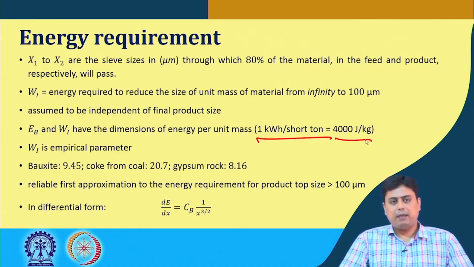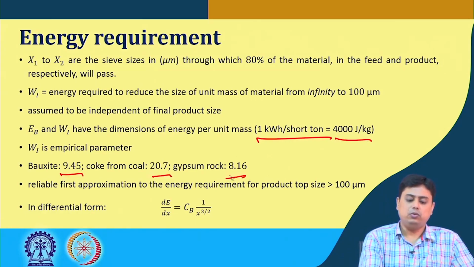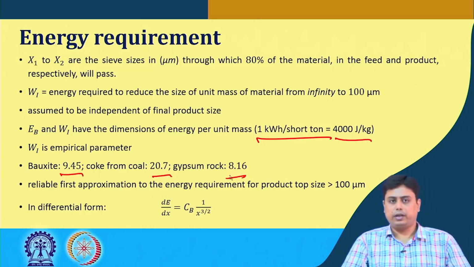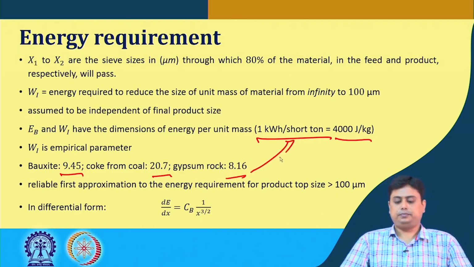The work index parameter has to be experimentally determined. For example, for bauxite, these are the values of the work index in kilowatt hour per short ton.